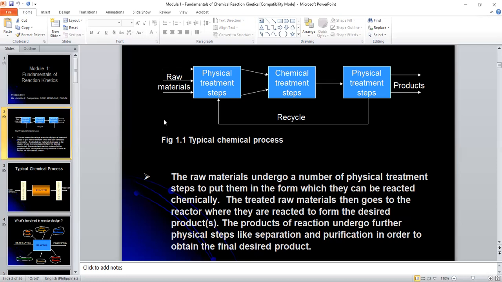And that is why, as mentioned by the author of our reference book, that sets the chemical engineering profession apart from other fields of engineering. It's because without this chemical treatment step, the raw material or materials cannot be converted into other forms of products, desirable materials, that is.